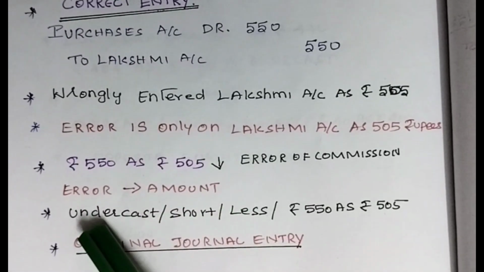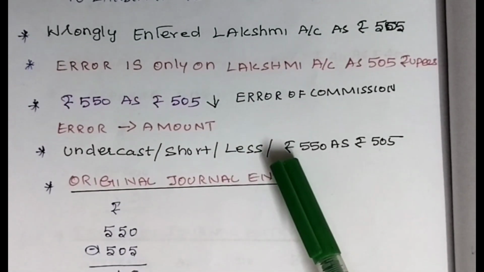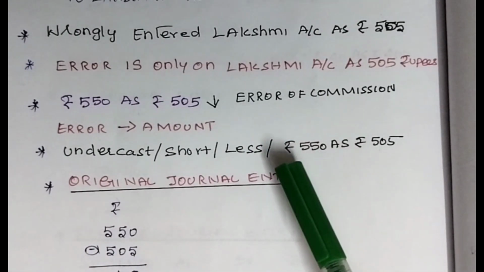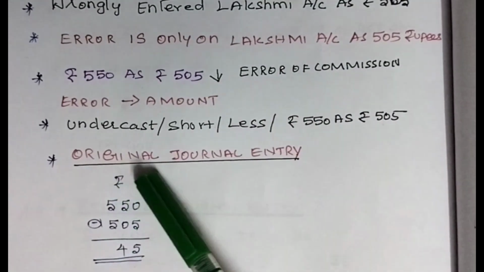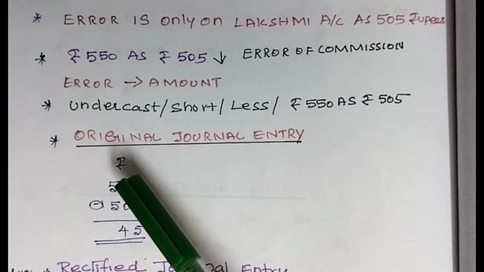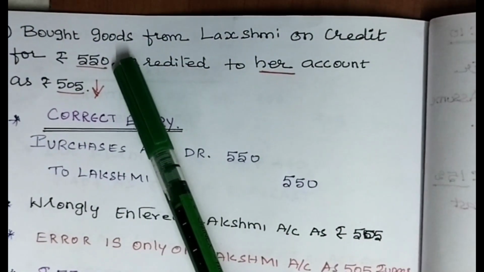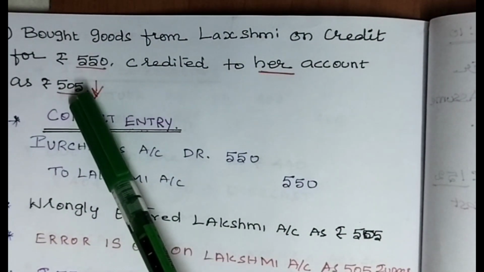Okay, so whenever you see undercast, short, or less, rupees 550 instead of 505, instead of 550 as 505, you have to follow the original journal entry. So for that you can't enter 550 rupees on Lakshmi account or 505 on Lakshmi account.